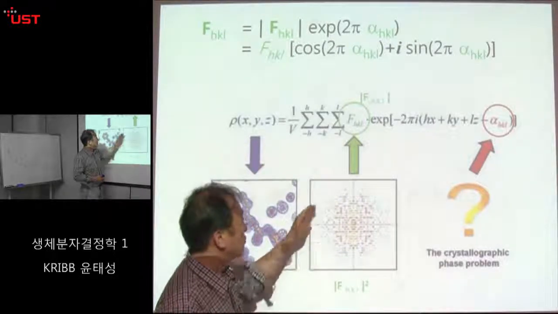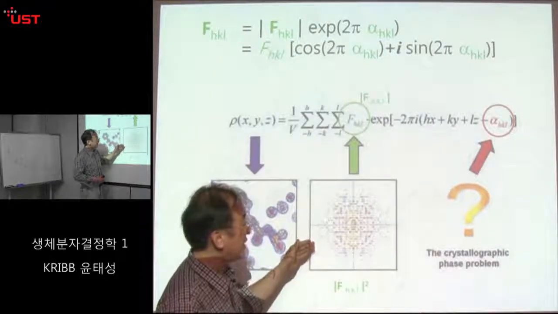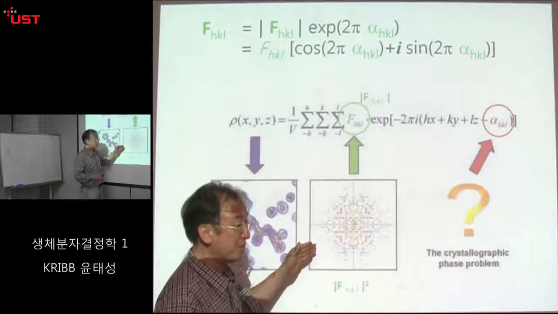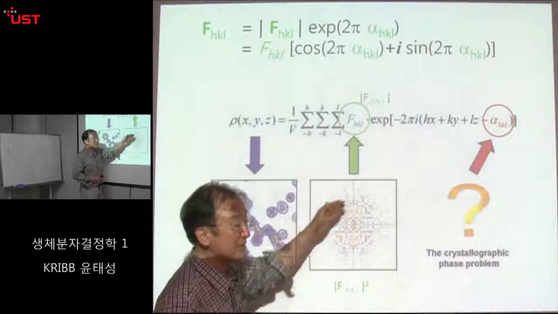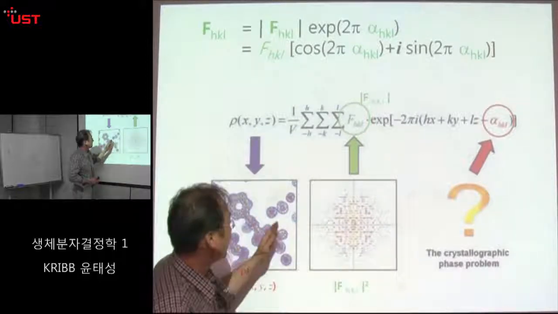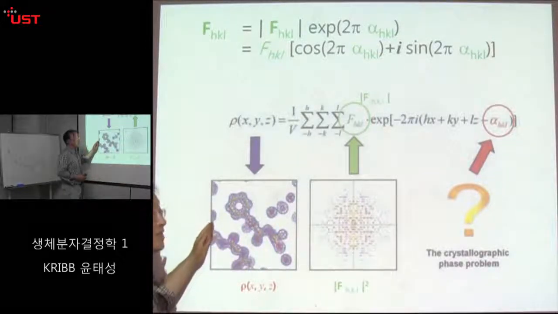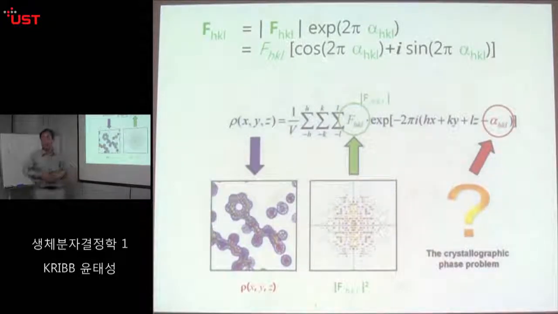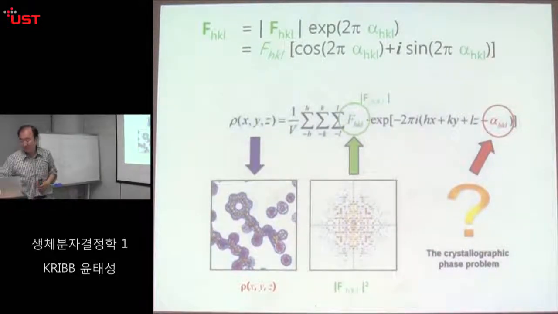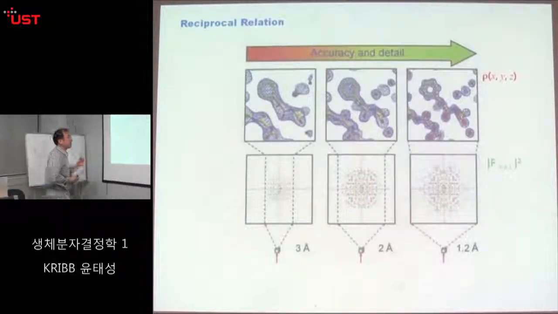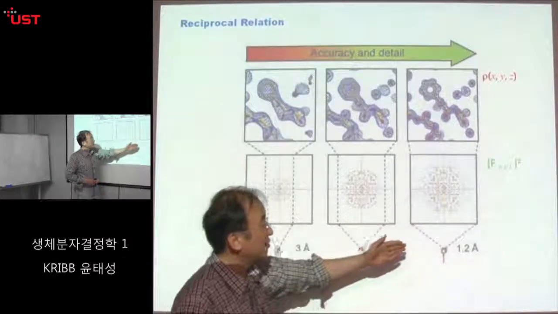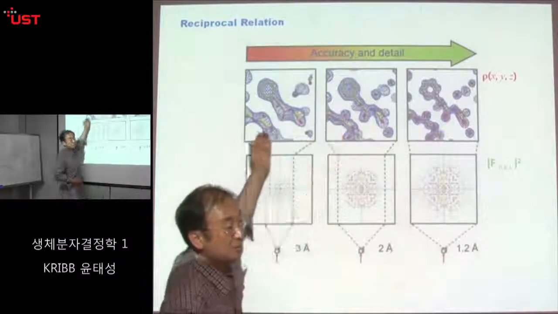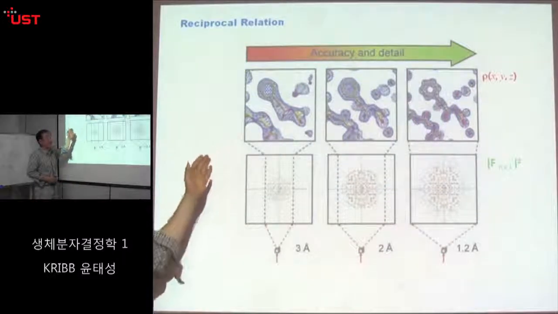Then within such a sphere, we can have variation in HKL between maximum and minimum, also within the radius. Then we can do Fourier computation. We will have electron density. Then with the varying radius of D or varying quality of resolution, we will have different electron density. Okay, that's what we had at the beginning.